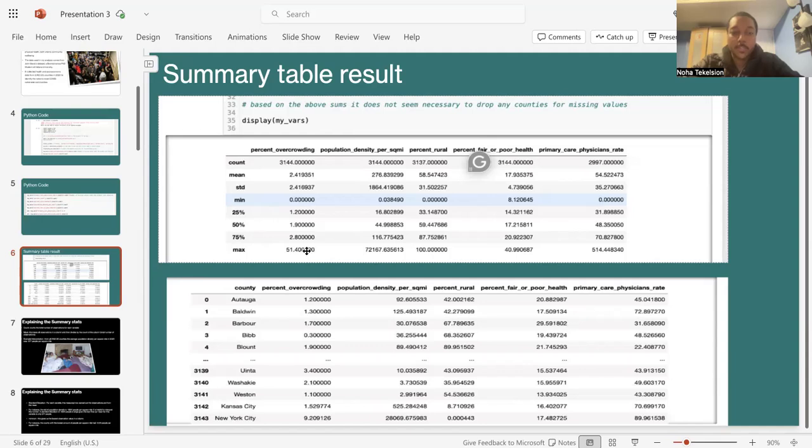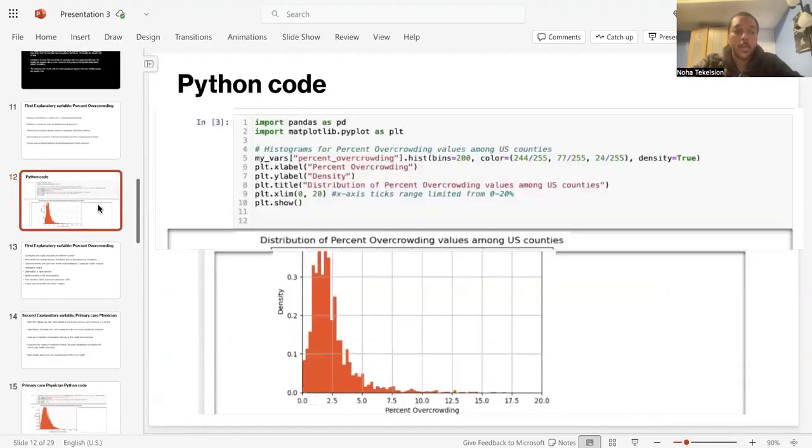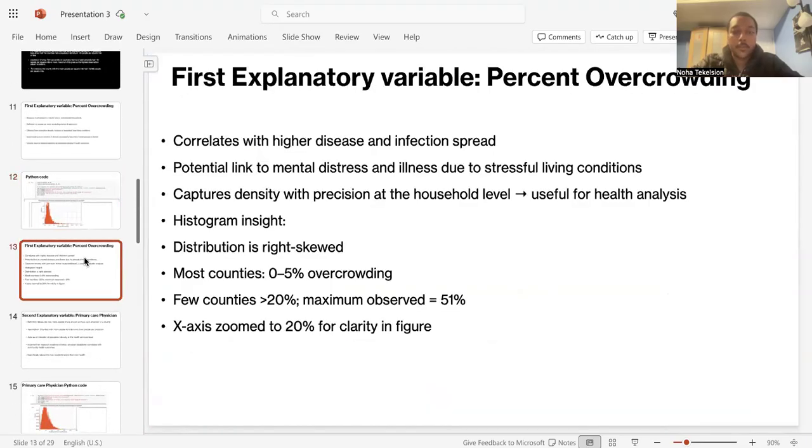And I only go to 20%. So that's just to show that the X-axis could have gone on a lot further. So that's exactly what's going on. The histogram captures a lot of the skew in the distribution, and it tells us that there are some outliers.